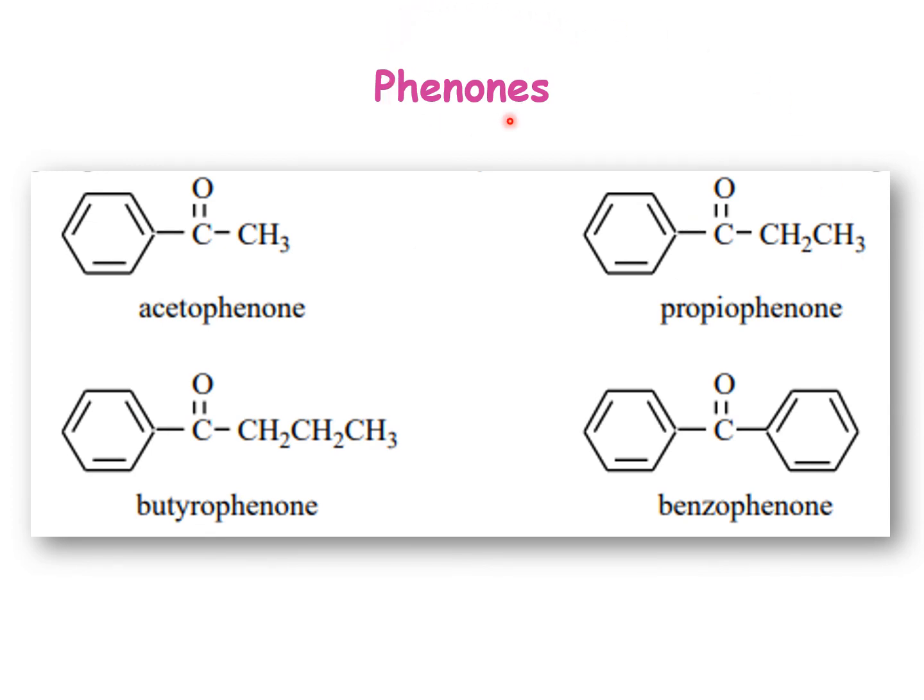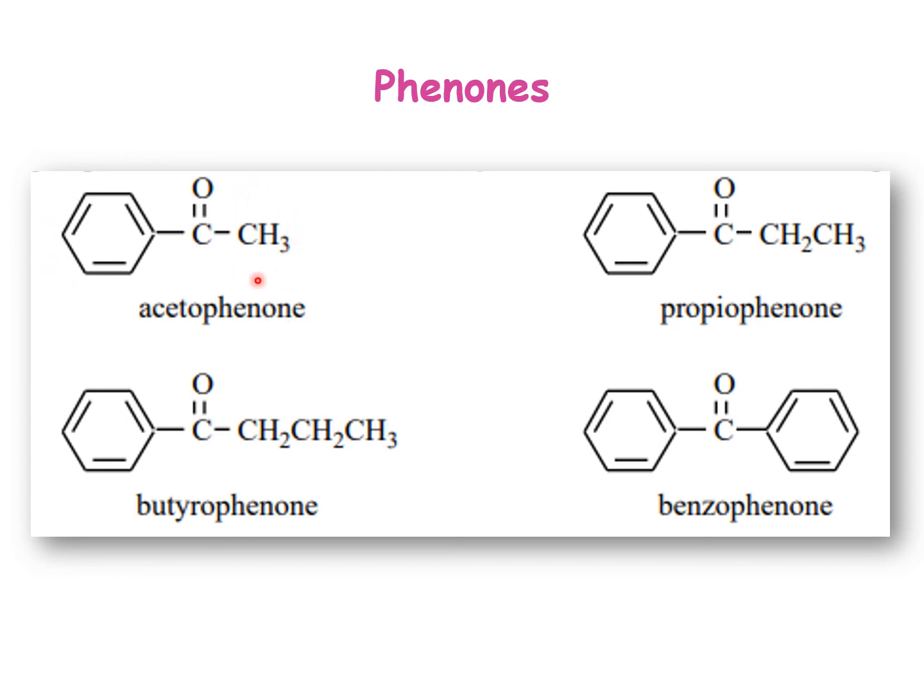Large number of compounds contain carbonyl functional group. Out of that, phenones are more popular. So if we have a benzene ring, which is common in all of these compounds, so this benzene ring along with carbonyl group is called phenone.